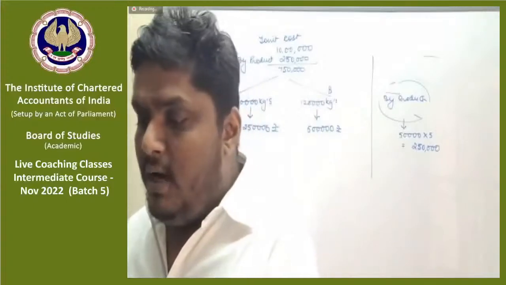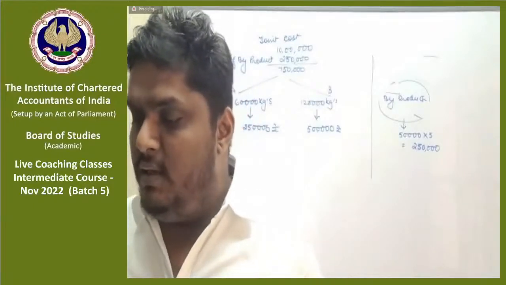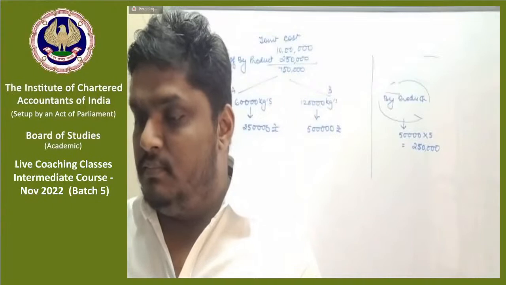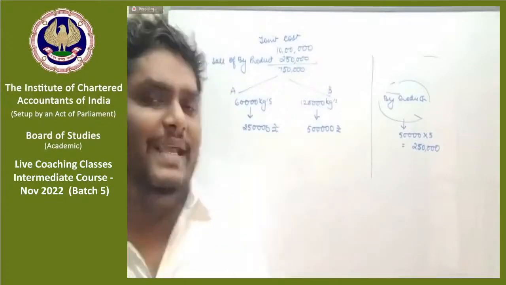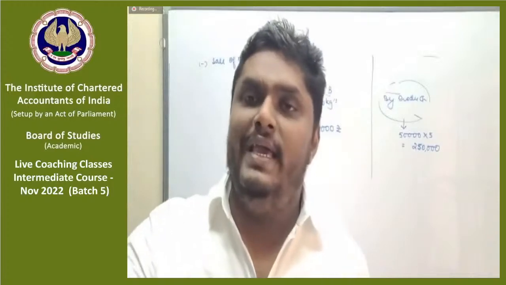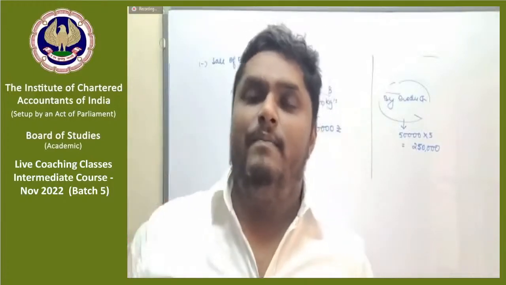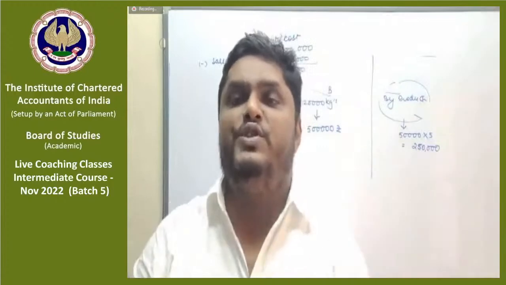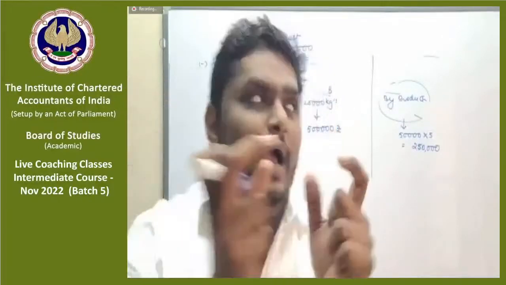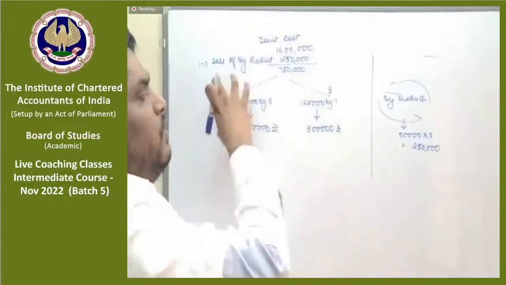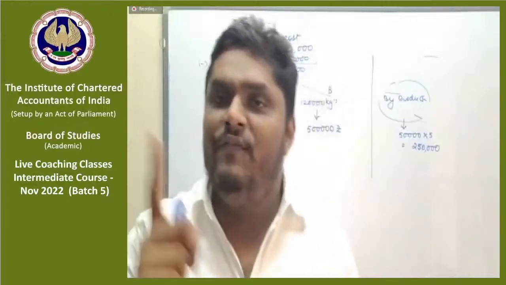If you guys have any doubts in this question, you can ask me. I repeat again, in this question many things are given, but the question clearly specifies that you have to distribute the joint cost in the ratio of physical units. That is the first point.